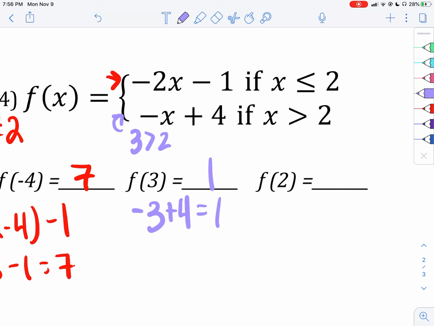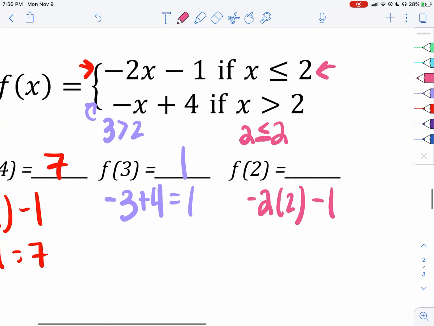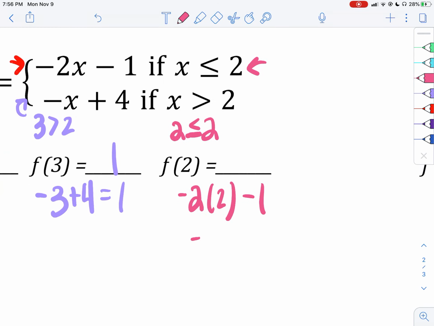Is 2 less than or equal to 2, or is 2 greater than 2? Well, 2 is not greater than 2, but it is equal to 2. So we're going to use this top one again. So negative 2 times 2 minus 1. Okay, that is equal to negative 2 times 2 is negative 4, minus 1 is negative 5.